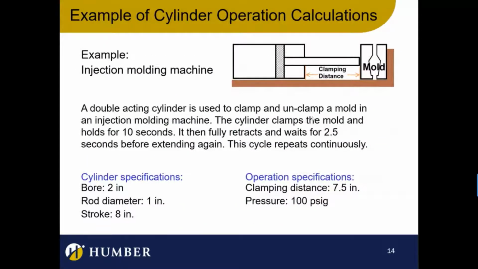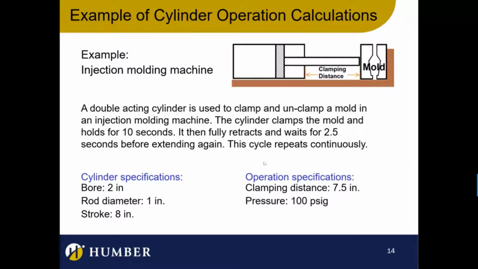So this is an example. It's important that you watch this, because the quiz may lean on this a little bit. Here we're looking at how much air, the flow rate, is required to drive this cylinder. In this case, the rod travel is equal to the clamping distance, not the stroke.